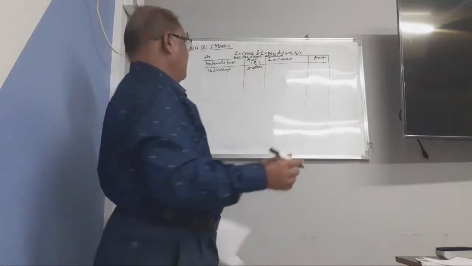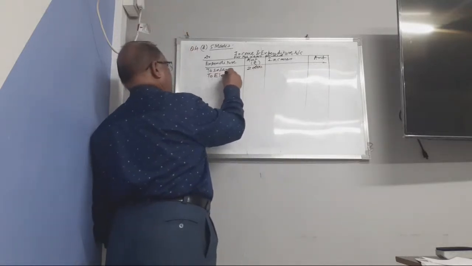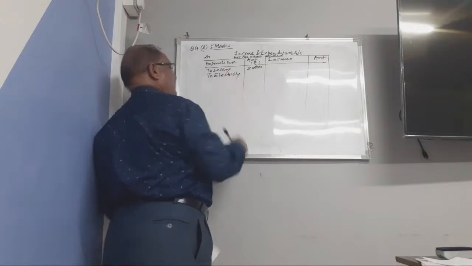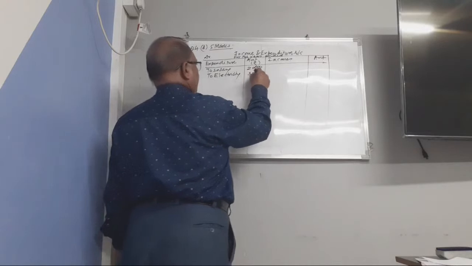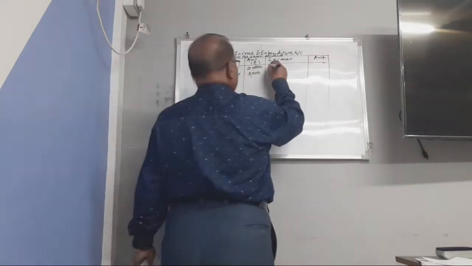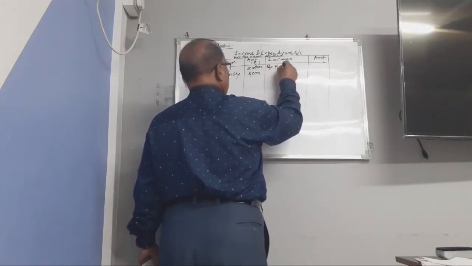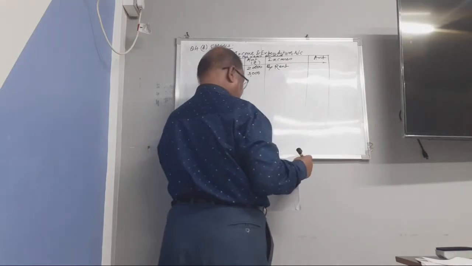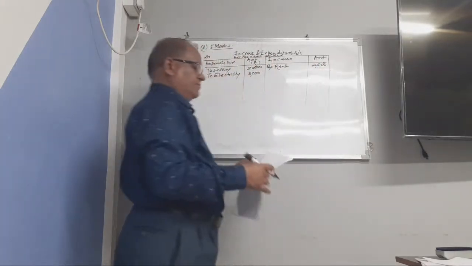Another expense, electricity, goes on the expenditure side: electricity is 3,000. Then rent, with a credit balance, means by rent received. It is an income. Rent received is 2,000 on the credit side.